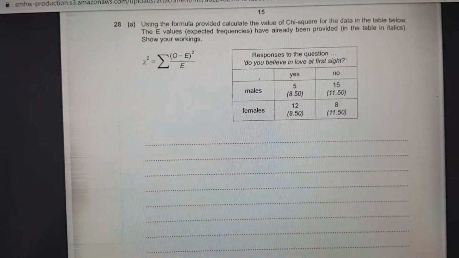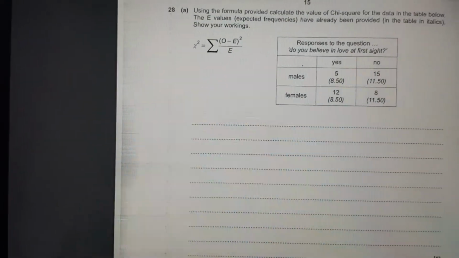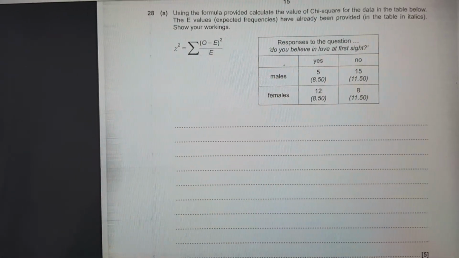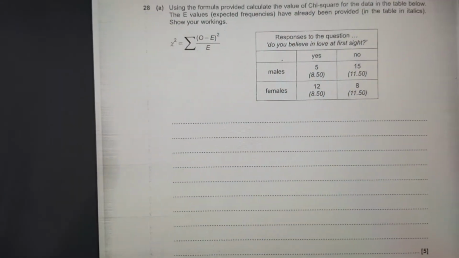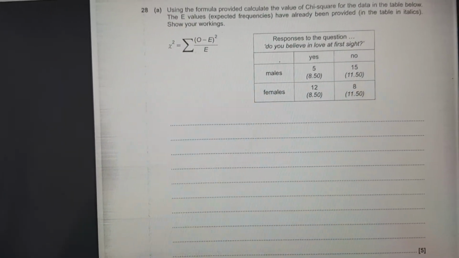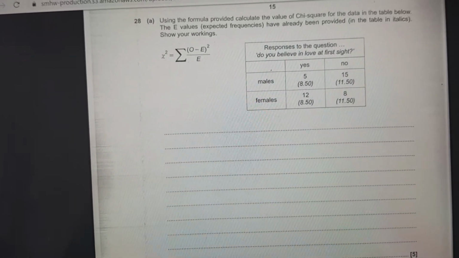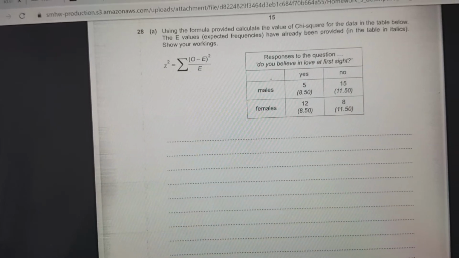So just to start you off, if we say this is cell A, our observed value is the 5. Our expected value is the one in brackets, so it's 8.50. So following the equation, you're going 5 minus 8.50, and you're squaring that value.